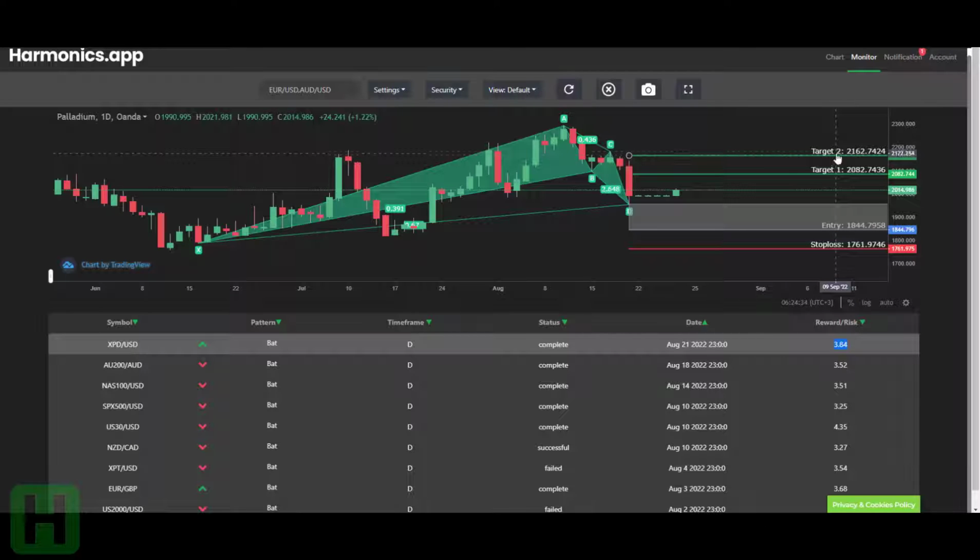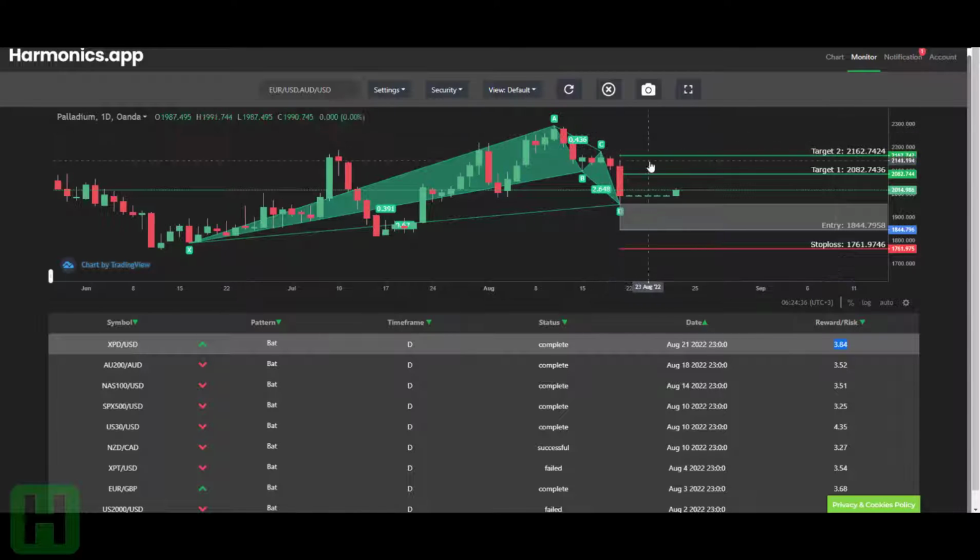So in my case, I will make the analysis for this daily time frame for the bat pattern on palladium. To make that analysis, I will go here to the chart and find palladium.